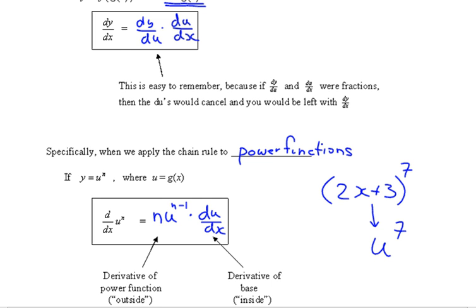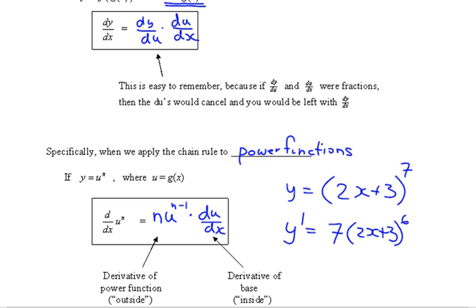So in this question right here, if this was your y, the derivative would be in two parts. The 7 (2x plus 3) to the 6th would just be the first part. That is your n u to the n minus 1.